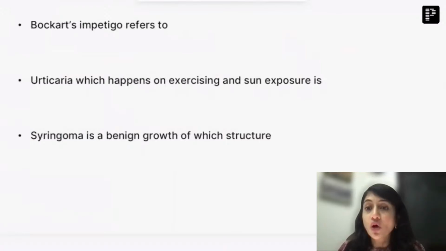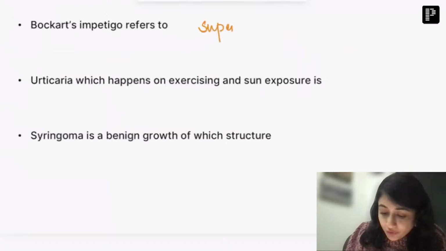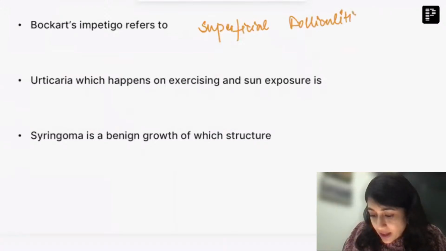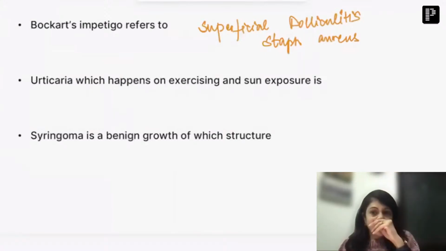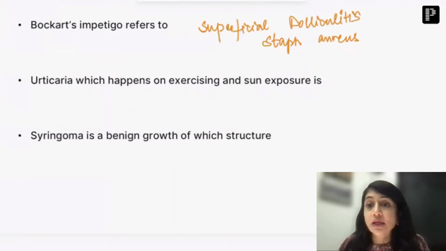Yes, it is not a type of impetigo. It is a misnomer. It is actually referred to superficial folliculitis caused by Staph aureus. So, when we talk about folliculitis, there is superficial folliculitis and there is deep folliculitis. So, Bocard's impetigo is a misnomer.